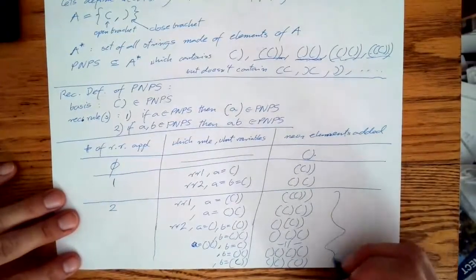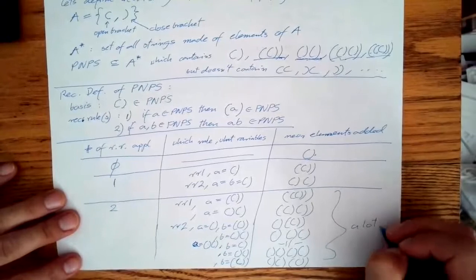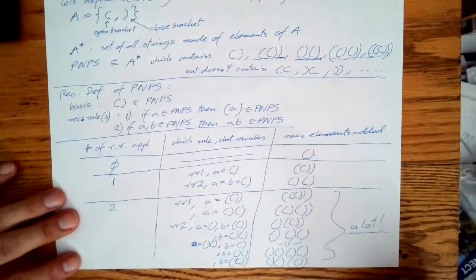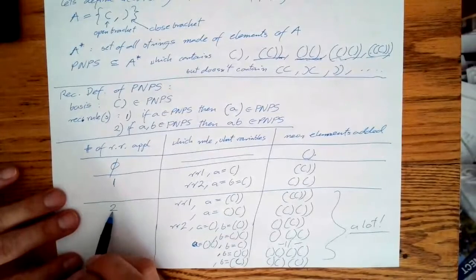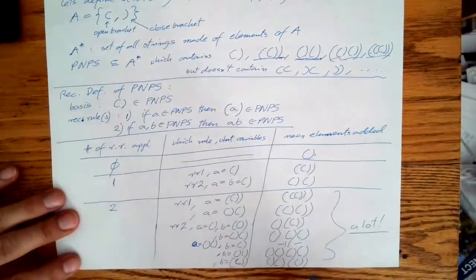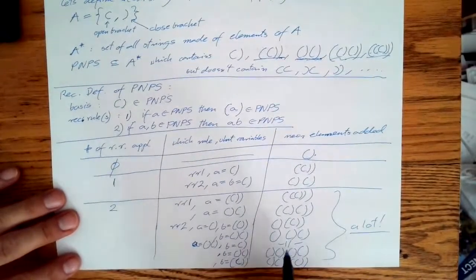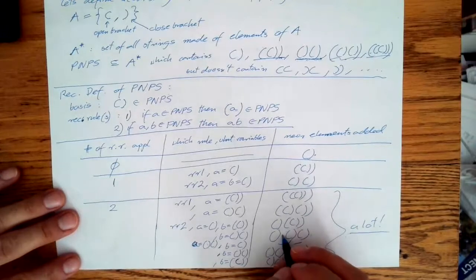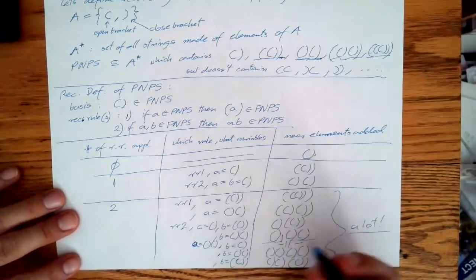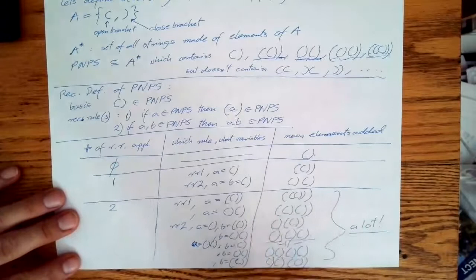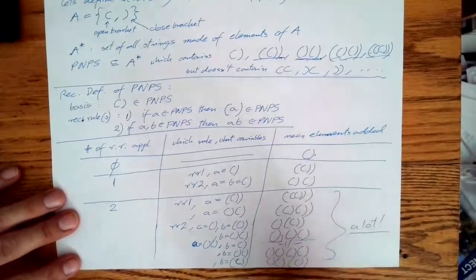And a lot is being added already with two executions of the recursive rules. Moreover, suddenly there is basically two ways to get to this string. It can be interpreted as this could be A and this could be B, or this could be A and this could be B, right? That's okay, because again, adding twice the same thing is fine.